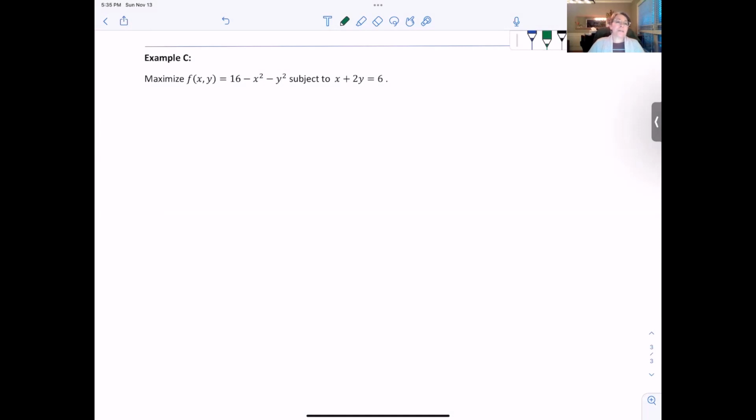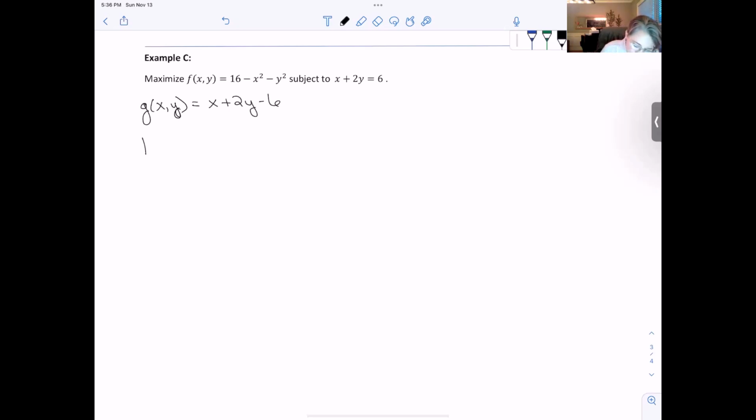So to maximize, we're going to practice what we just did, using the Lagrange multiplier, but just with a basic maximize, subject to that constraint. So we're first going to change that constraint function. We'll just write it as G, that's our constraint, as x plus 2y minus 6.